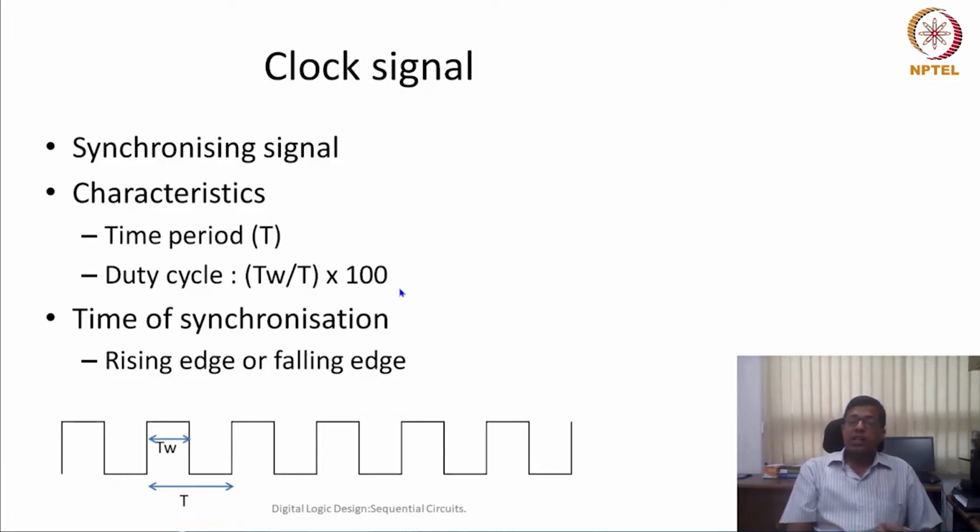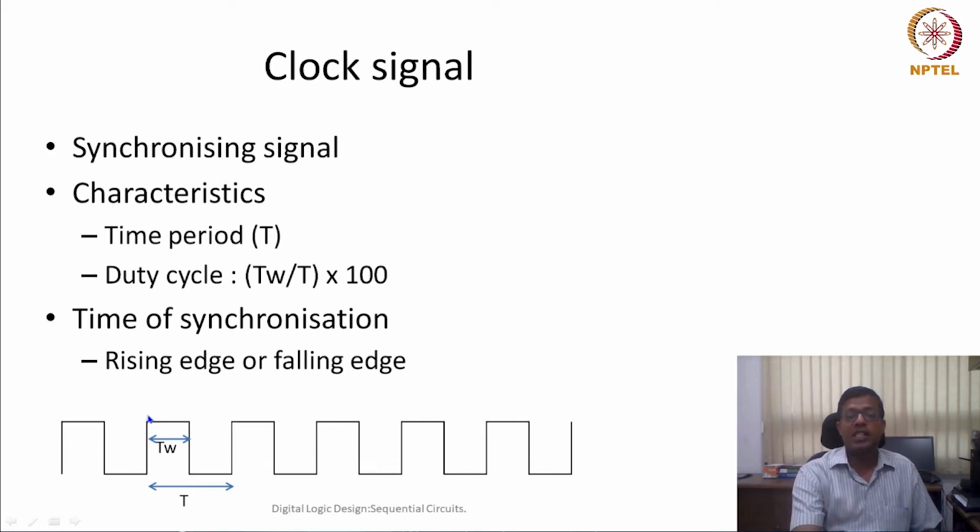The other characteristic is at what time we should synchronize. There are two interesting times here. One we call the rising edge, the other the falling edge. Rising edge means when the clock rises from 0 to 1. It's called a rising edge because the clock was initially 0, then it is 1.